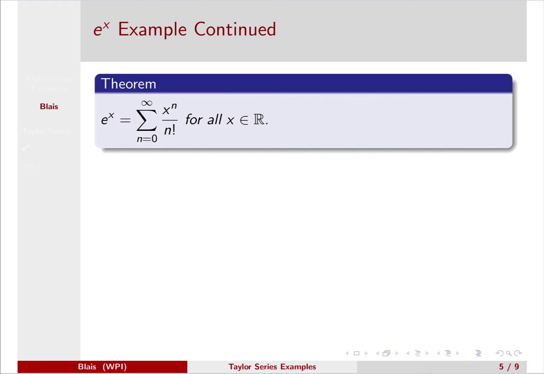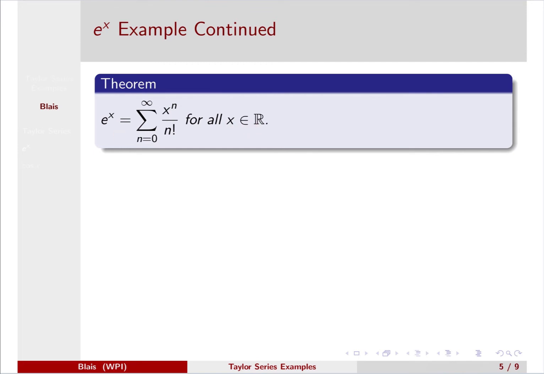The result of this, which we will prove with Taylor's theorem in the next lecture, is that e to the x will actually converge to this Taylor series for any x in R. So we've shown that this is the Maclaurin series for e to the x. We've shown that this Maclaurin series converges for any x.